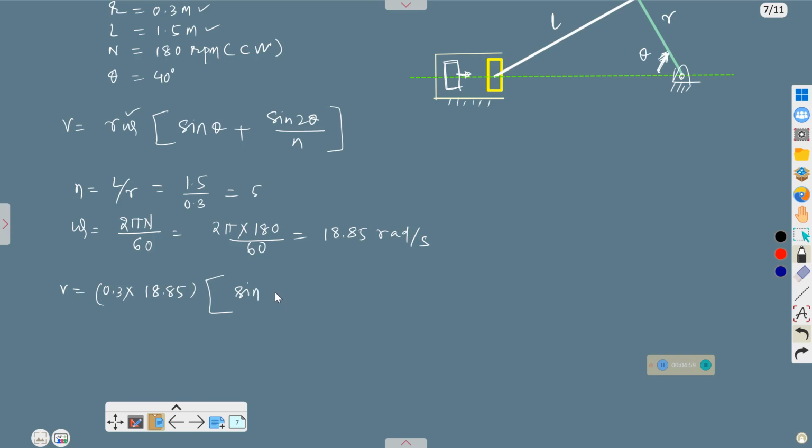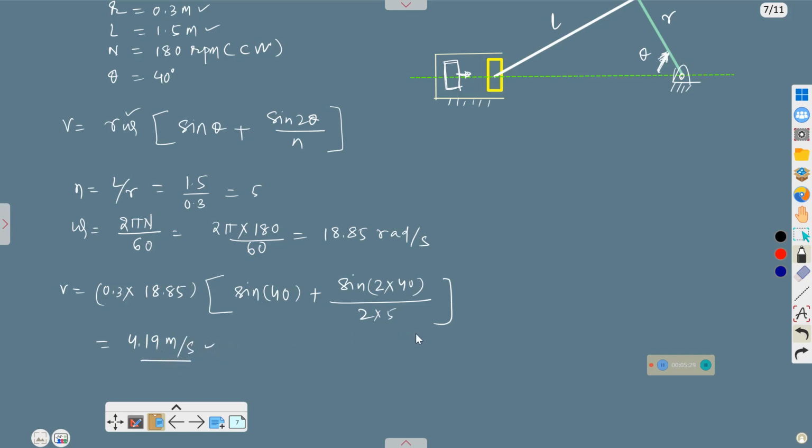So theta is given to us as 40 degree, plus sine 2 theta, so that I can write as sine 80 divided by 2n. So n, we found the value, that is your 5. If we do this particular calculation, we can find the value of velocity, that will be equal to 4.19 meter per second. So you can check this value.